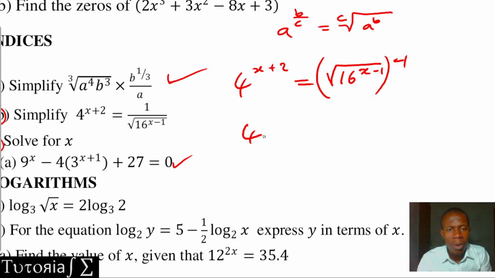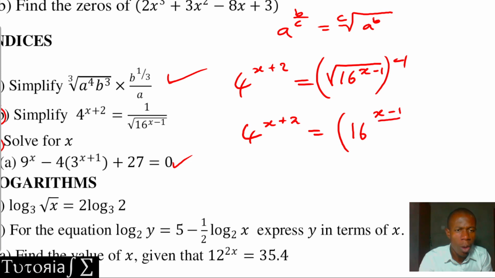So this can be written as 4 to the power x plus 2 equal to 16 raised to the power x minus 1 over 2. So the c there is the root, so 2 is the square root, but we don't put a 2 here. Then x minus 1 becomes our b, and this is raised to the power negative 1.